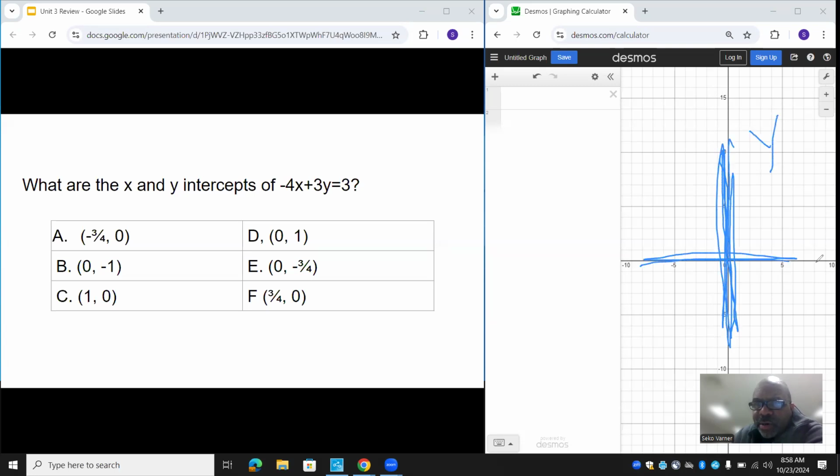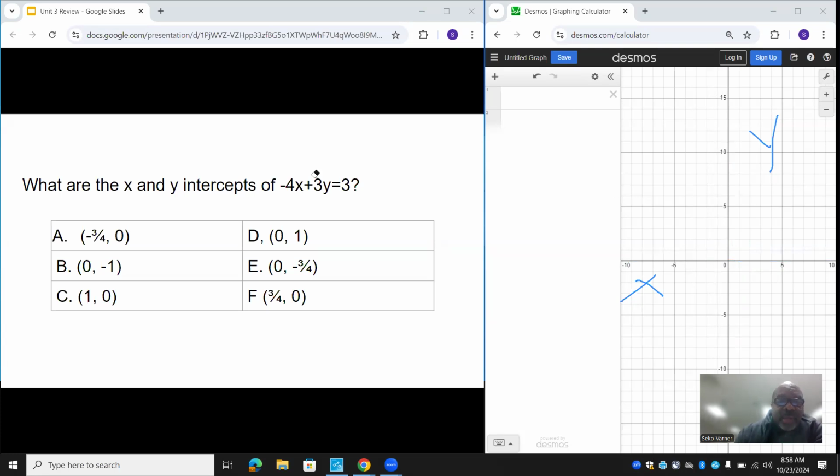And this is our x. And so this is the x-axis. X-axis goes left and right. The y-axis goes up and down. If you can remember that, that'll work beautifully for you. The y goes up and down, and the x goes left and right.